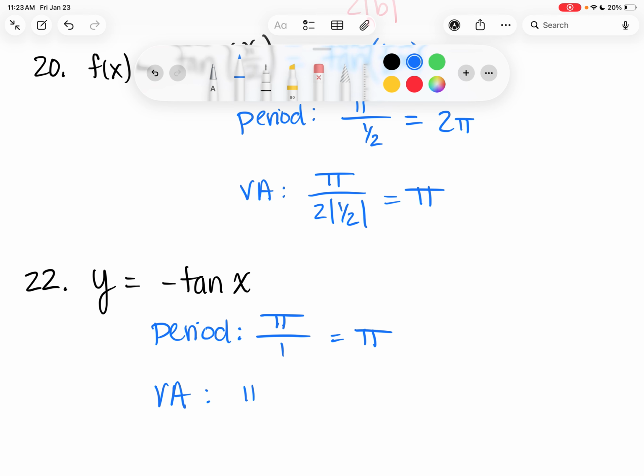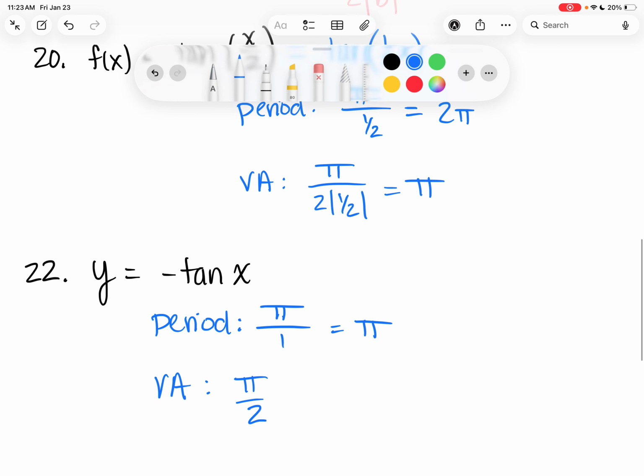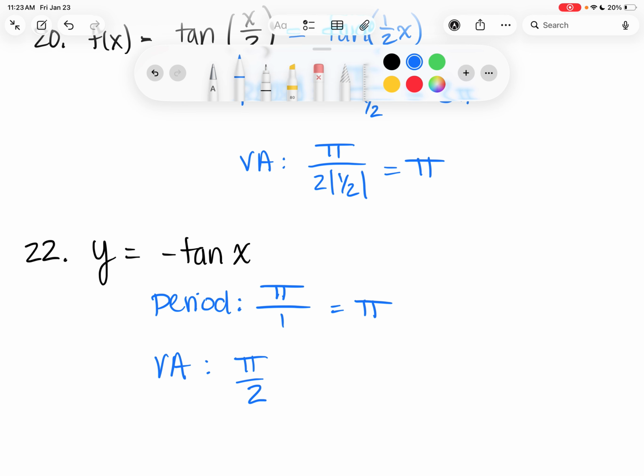Yep, pi over 2, because b is just 1. Is anything else happening to this graph? It's reflected, yep. It's reflected because a is negative. Now, there's no amplitude to this one, so there's no max and min value of this graph. But the whole thing would just be flipped upside down over the x-axis with that negative sign out there.